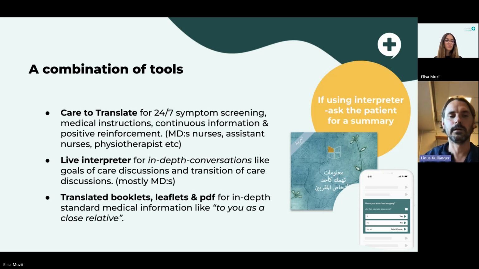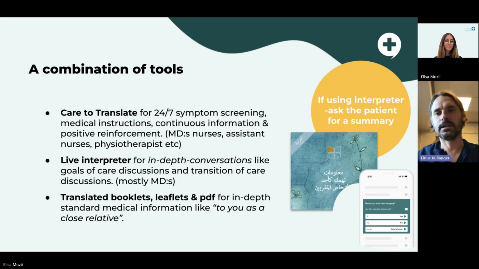For example, a live interpreter is of course very important to use, especially for in-depth conversations. Just an hour before this one, I had a meeting about a transition of care discussion, with a patient who had oncological treatment before but is now going to have palliative medicine.